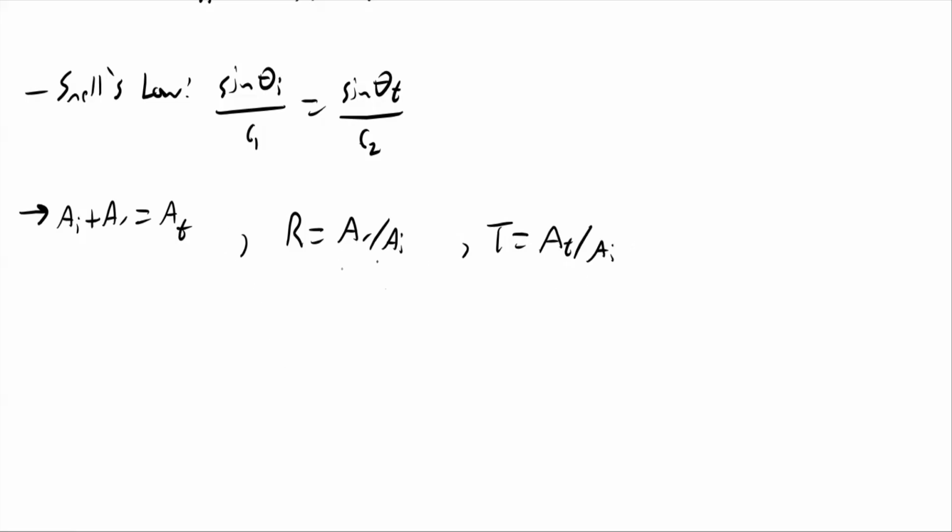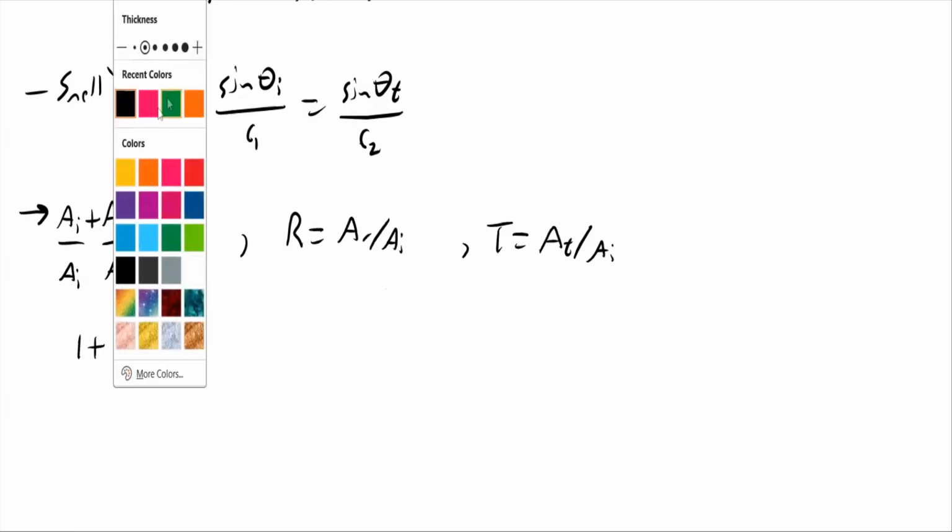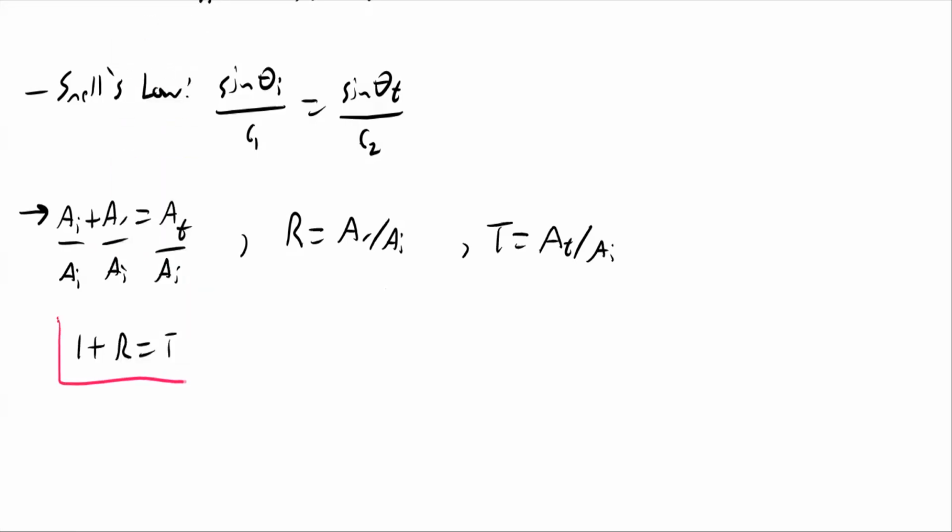When we write it in this fashion, we can divide each term in this equation by AI, and we obtain 1 plus R is equal to T. And so we'll need this expression to be able to actually calculate what R and T are, to get an equation for them rather than just the definition.